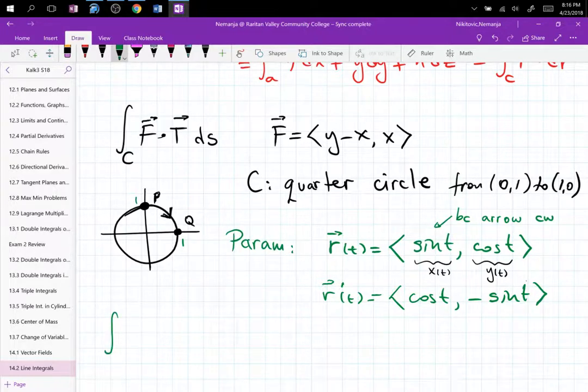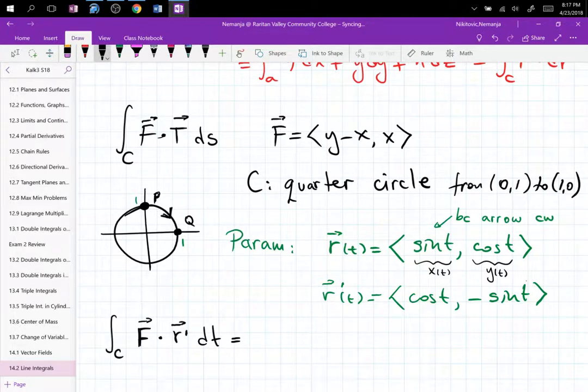So my integral over the smooth curve C, and a circle is a smooth curve, or quarter circle, I have F dotted with r prime dt.